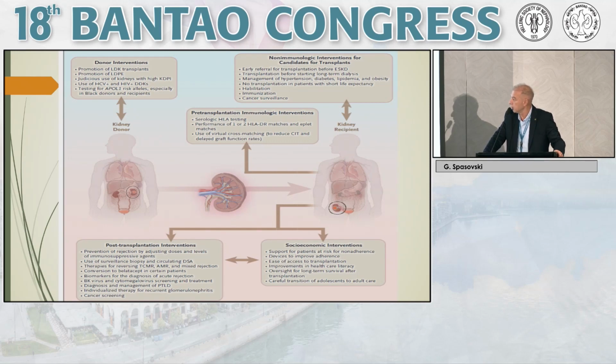And for post-transplantation intervention, of course, we need to adapt the levels of the immunosuppression drugs, mainly CNIs, eventually sirolimus or MMF. Unfortunately, many of us do not have the labs for the level of MMF, but indirectly we can have clinical parameters to get the impression whether it is too much or too little.